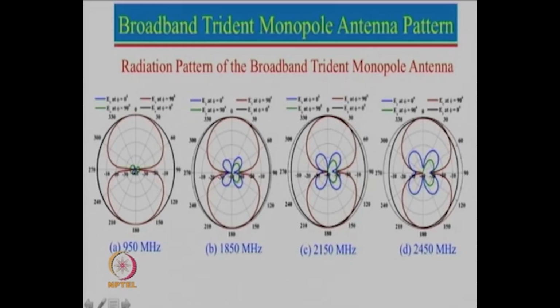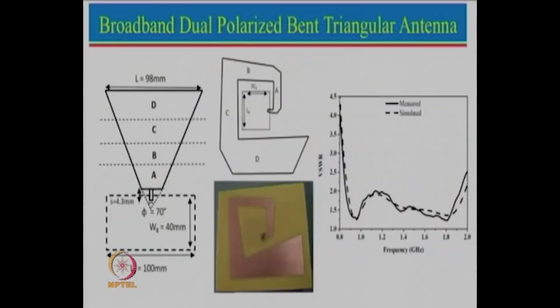Now, for some applications we also need an antenna which actually has dual polarization also. So just to tell you, the application we were actually looking at is again for RF harvesting. Now, for RF harvesting, when we wanted to design an antenna for RF harvesting, or even sometimes we want to measure, let us say, radiation intensity at a particular place.